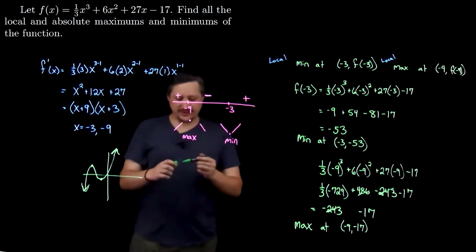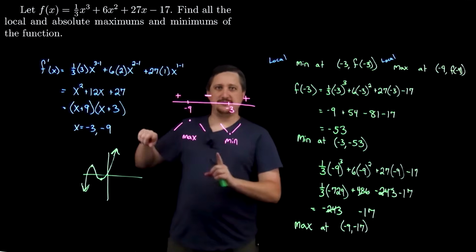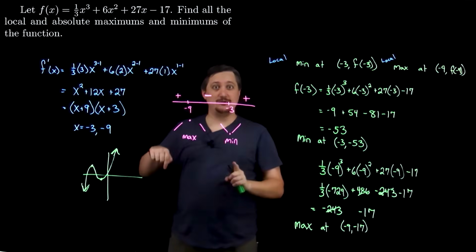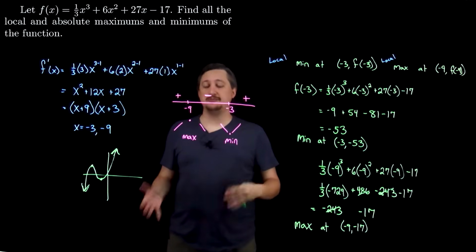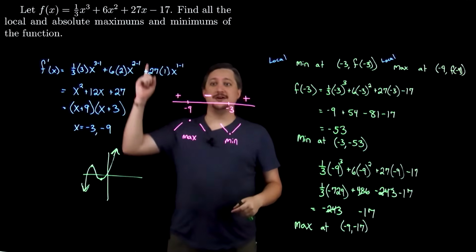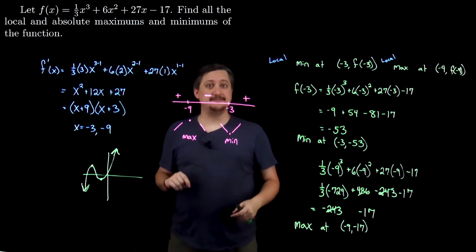So this thing is going in opposite directions, which means it's going to positive and negative infinity. There's no absolute minimum and there's no absolute maximum because we have no restricted domain, okay?